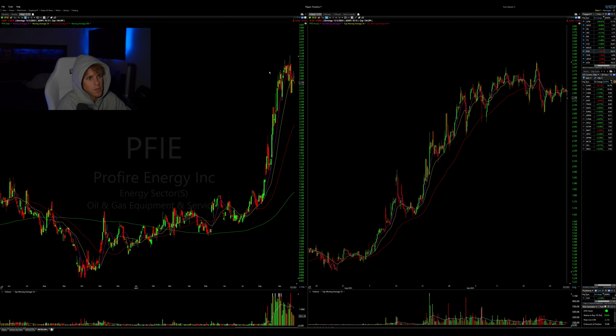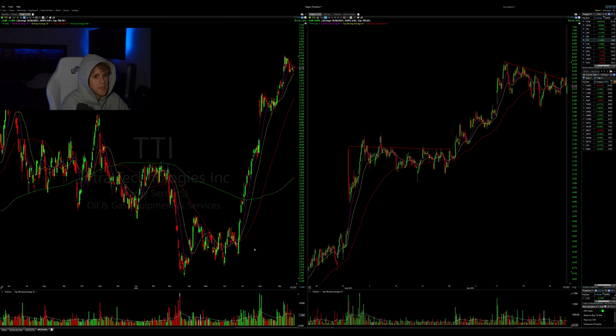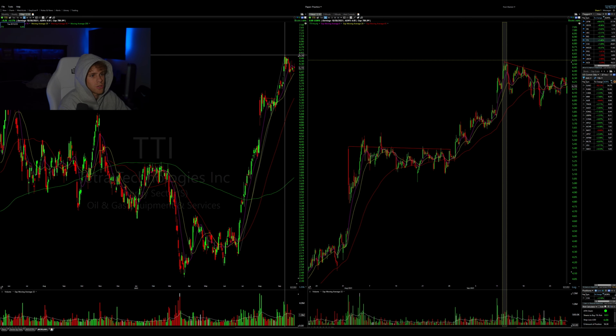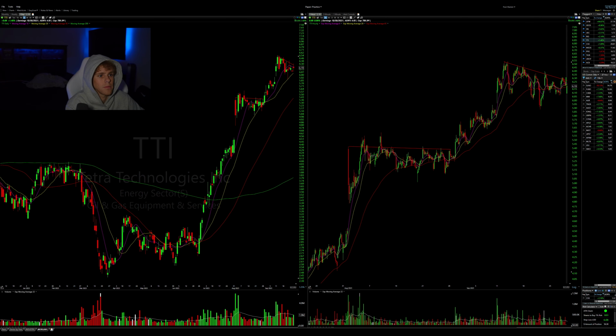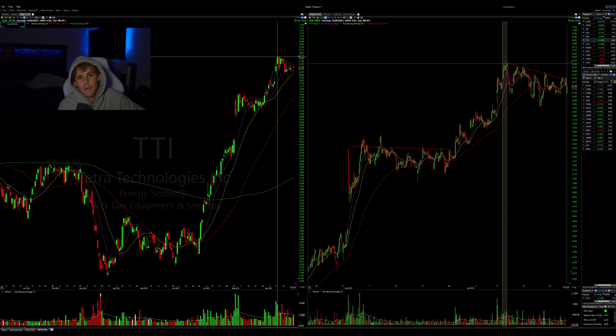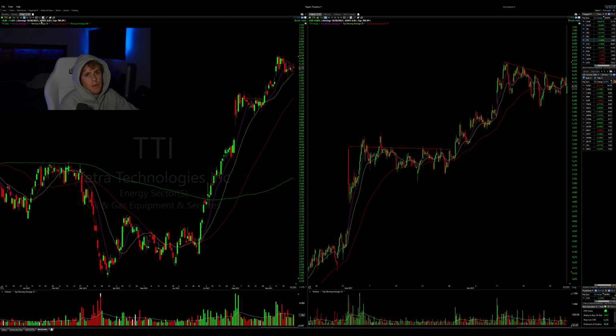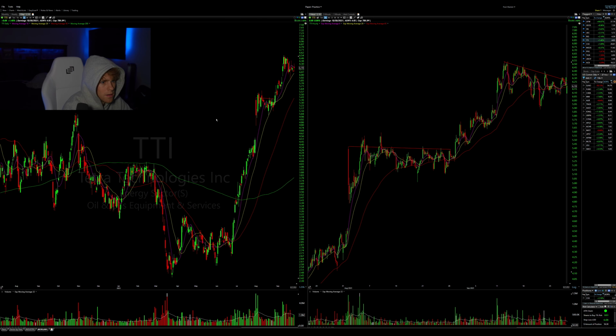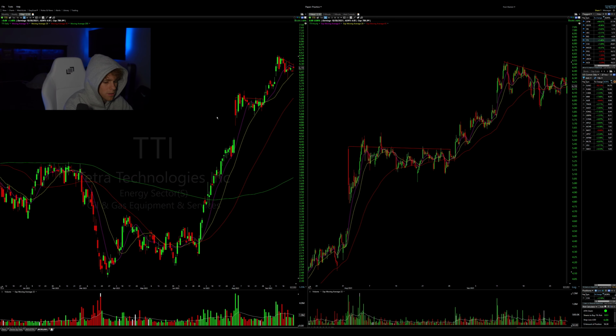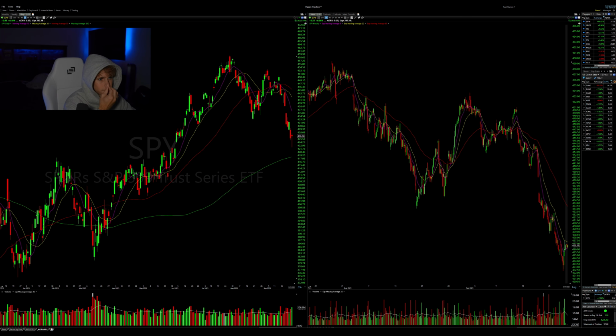Yeah, it's technically up the most, but what's setting up better? TTI, with very similar stats. Straight up. It does not want to go lower. Set up right here. Broke out. Made a 20% move in 13 days. So 4% ADR, 20% in 13 days is not a lot. But if you look at the market, this didn't make a 20% move, I'll tell you that much.